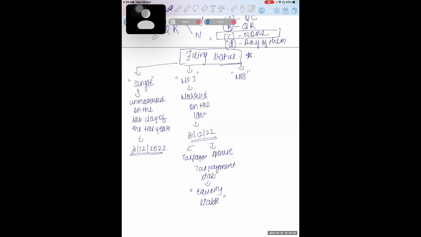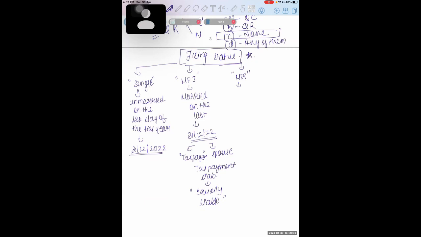In such situations it may be beneficial to file married filing separately. In that case, you can go for a separate return, MFS.